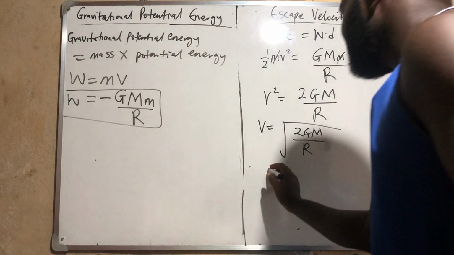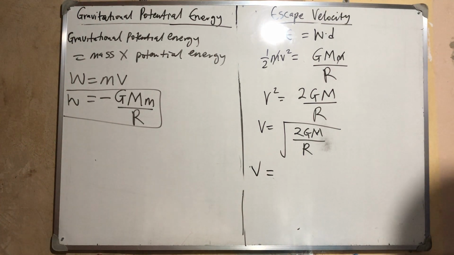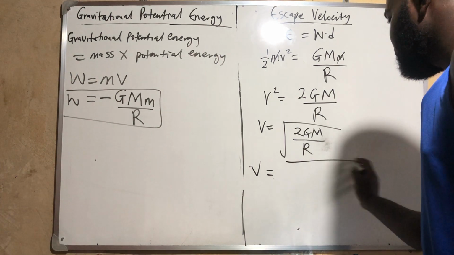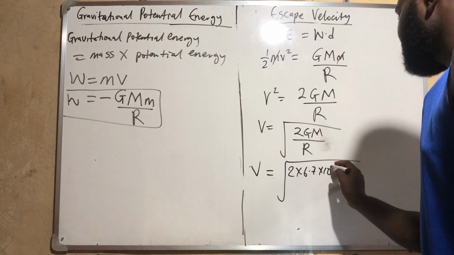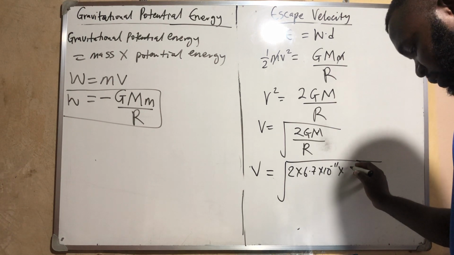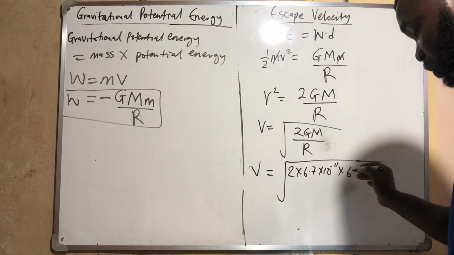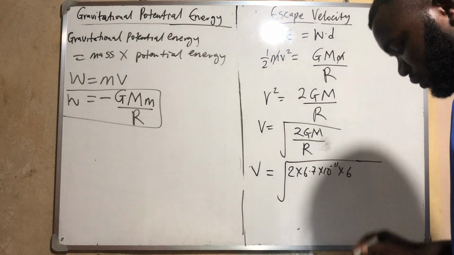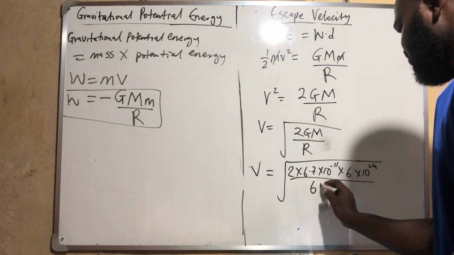So now we want to get the value for the escape velocity of the earth. The escape velocity of the earth will give us the square root of 2 times 6.7 times 10 raised to power minus 11 times the mass of the earth. We got the mass of the earth as approximately 6, some people use 5.997, so 6 times 10 raised to power 24, then divided by 6,400.